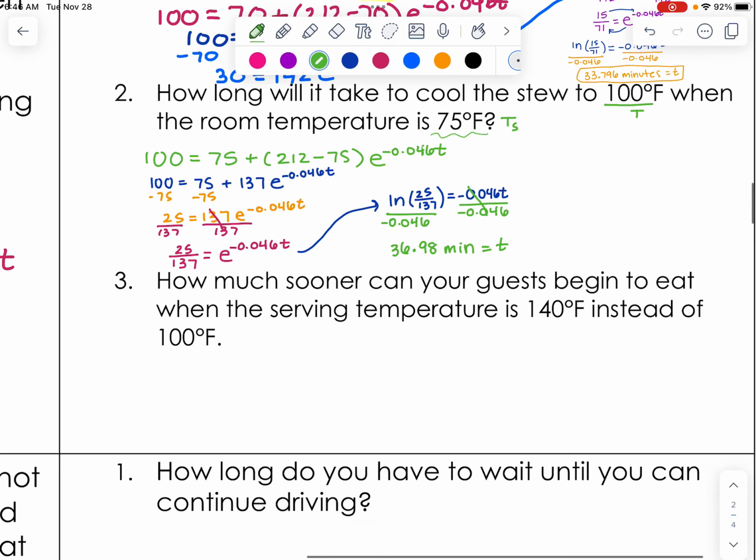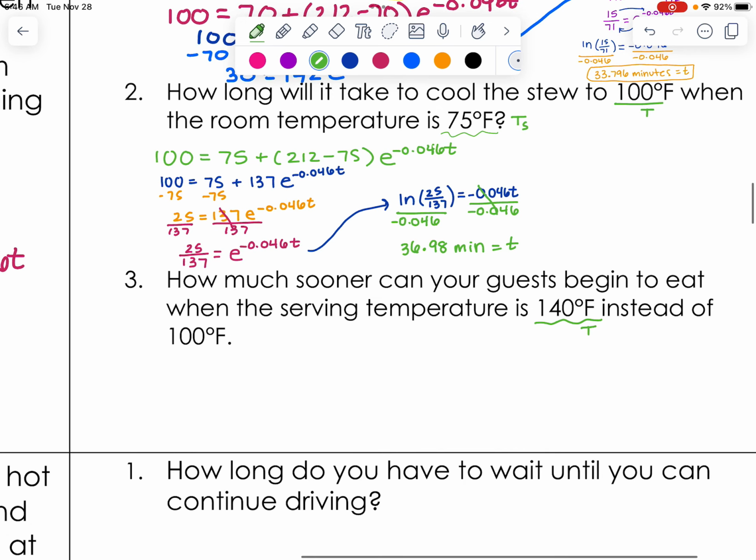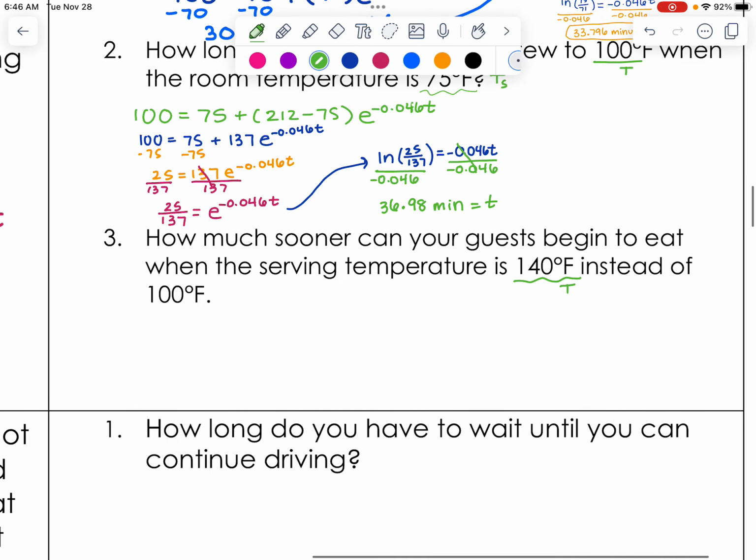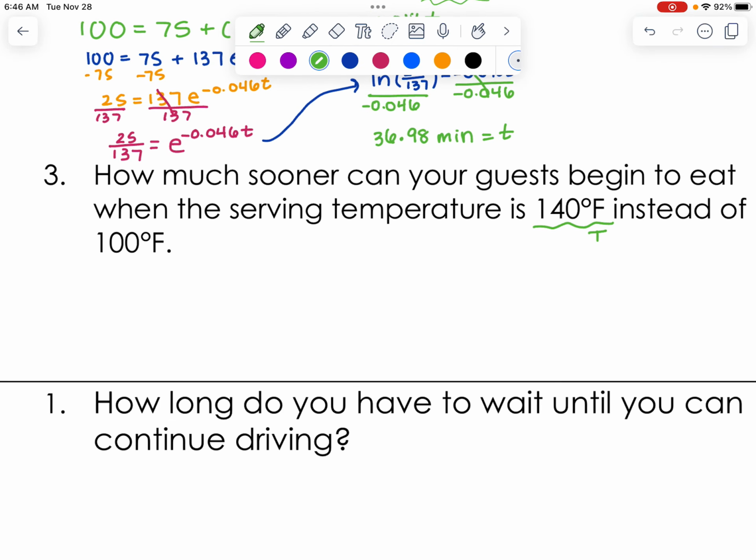All right, let's try one more. How much sooner can your guests begin to eat when the serving temp is 140 instead of 100? So 140, that's going to become our new T, and we're going to plug that into the formula. So let's also assume that the room temp is back to 70 degrees, the original from the problem.